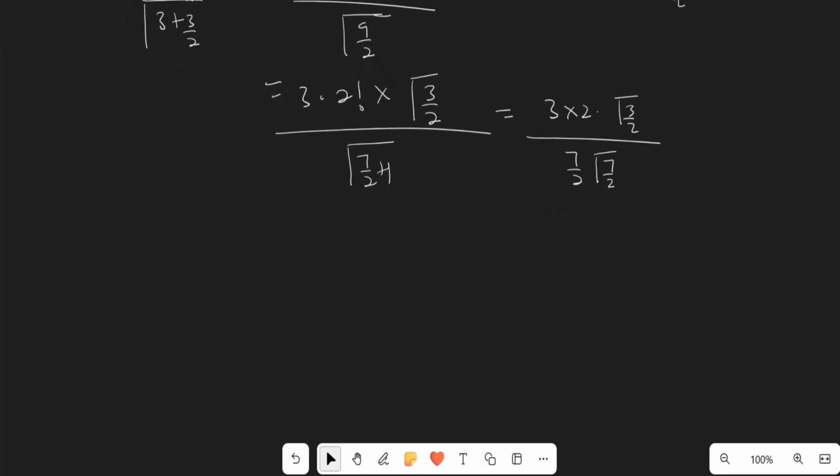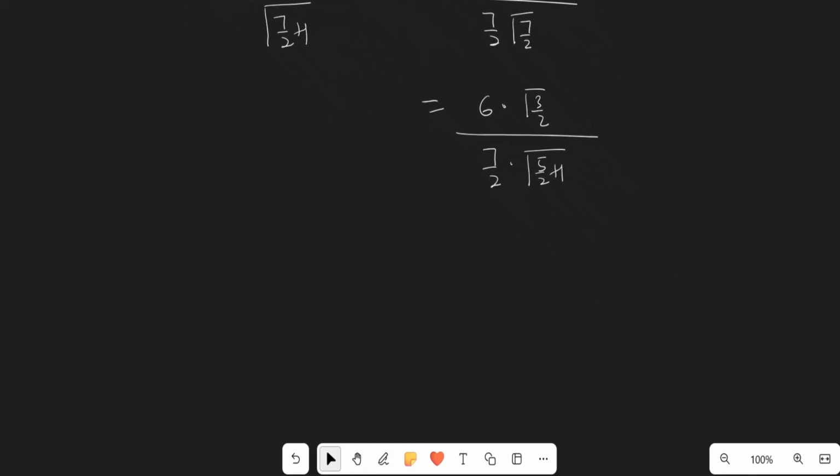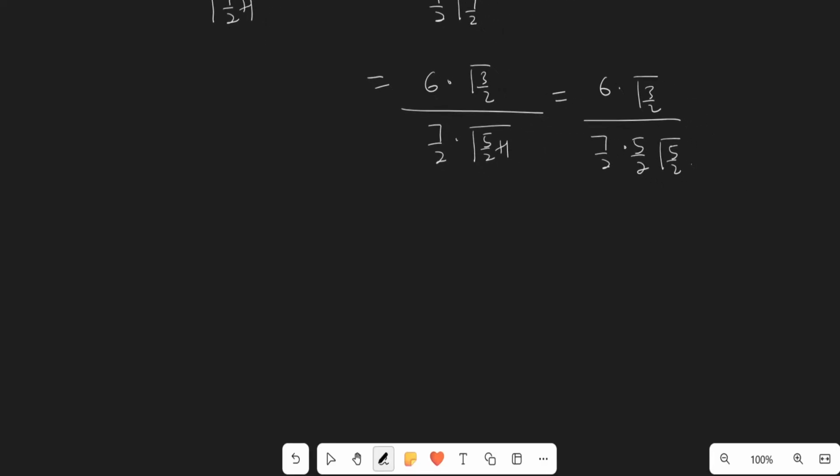So that is going to be 3 times 2, which is 6, times gamma of 3 over 2 divided by 7 over 2 times 5 over 2 times gamma 5 over 2. Gamma of 5 over 2 can be written using 3 over 2 plus 1.